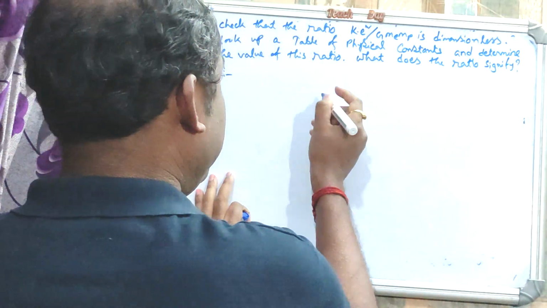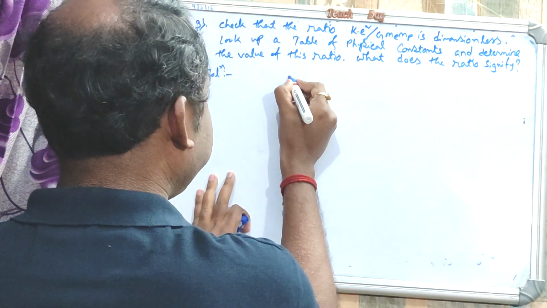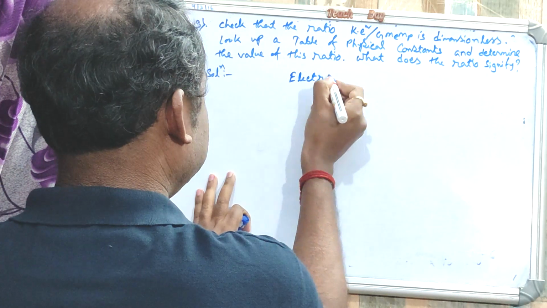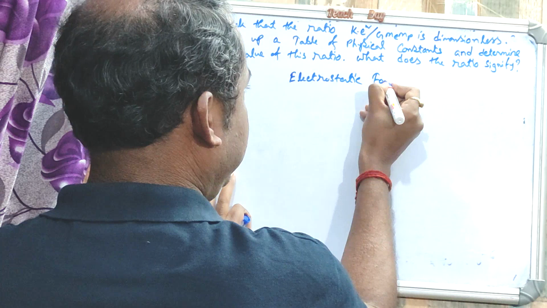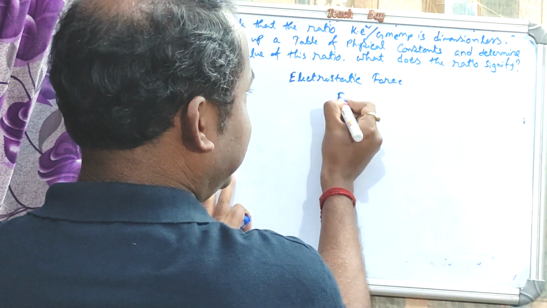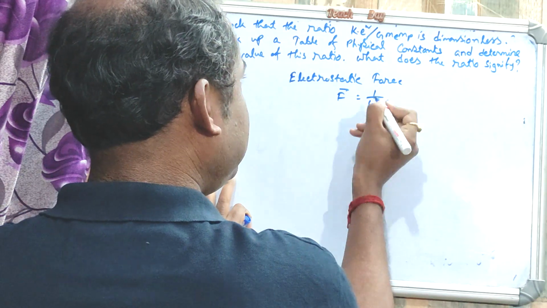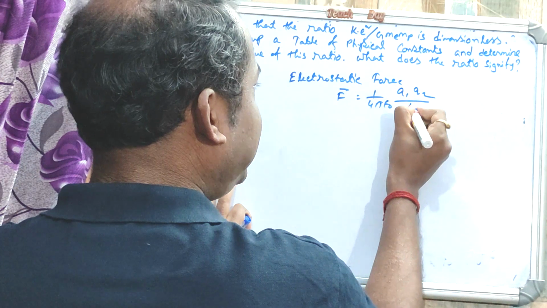So from electrostatics, we know the electrostatic force. What is the force? That is the Coulomb's force, obviously. So 1 by 4 pi epsilon naught q1 q2 by d square.